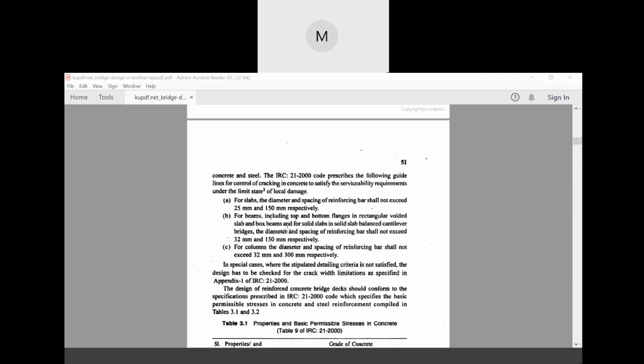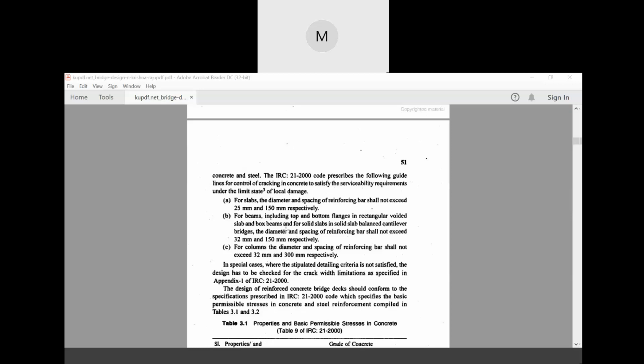Now for beams, including top and bottom flanges in rectangular voided slab, the box beams, and for solid slabs, in solid slab balanced cantilever bridges, the diameter and spacing of reinforcing bar shall not exceed 32 mm and 150 mm respectively.